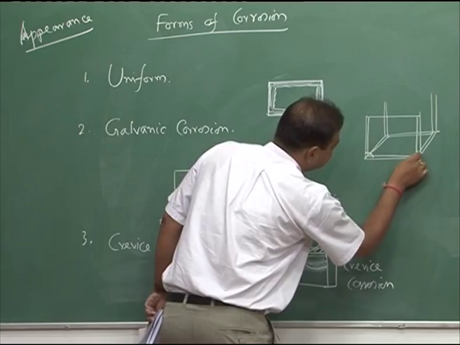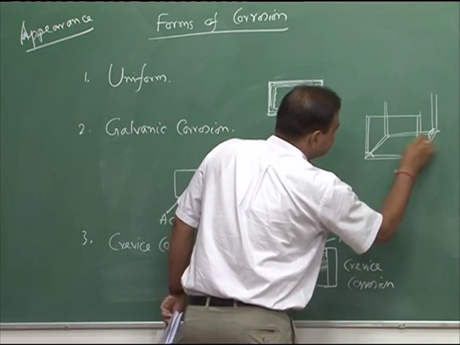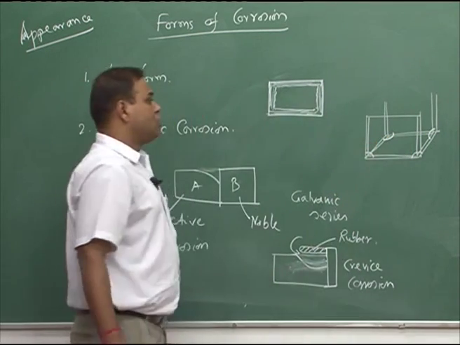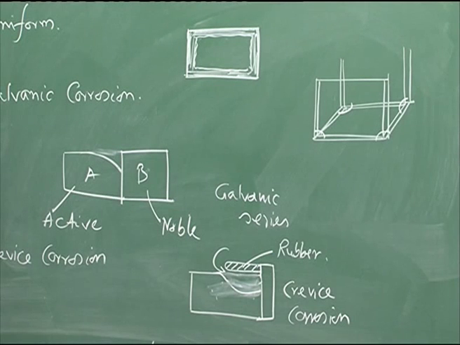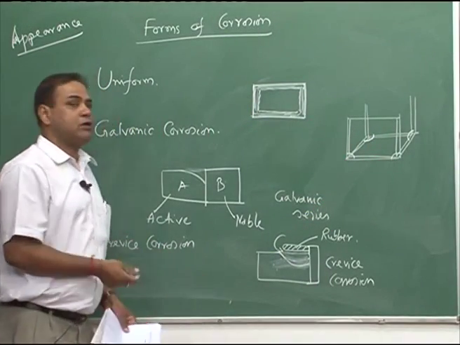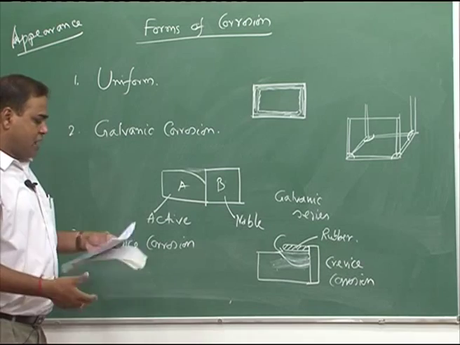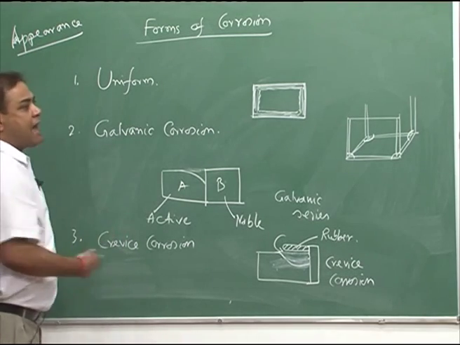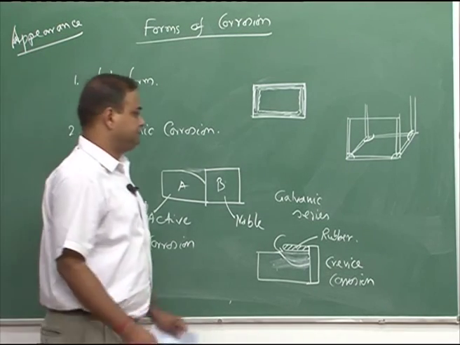This corner is a crevice, this corner is a crevice, this is another, this is another. All 4 corners can have severe localized corrosion around those crevice parts. This is another example of crevice corrosion, and crevice corrosion means corrosion happening near the crevice zone.